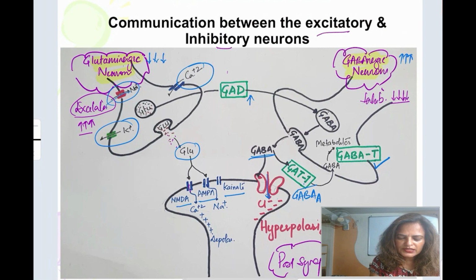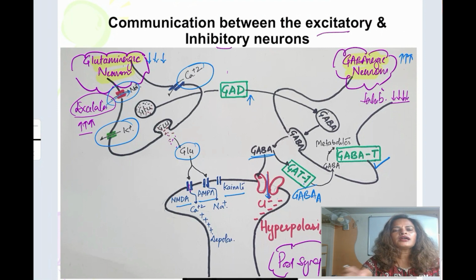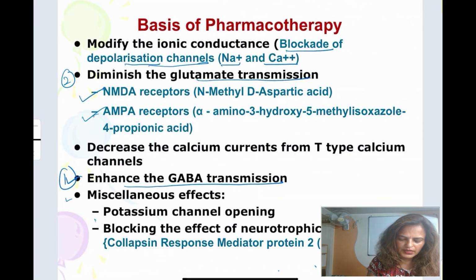Activation of the neuron is dependent on depolarization, and depolarization depends upon the inward movement of positive ions. It can be sodium, it can be calcium. Then others are potassium channel opening, which also leads to hyperpolarization or decreasing the activity of the neurons.